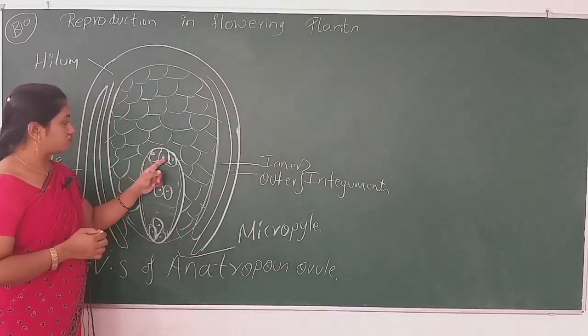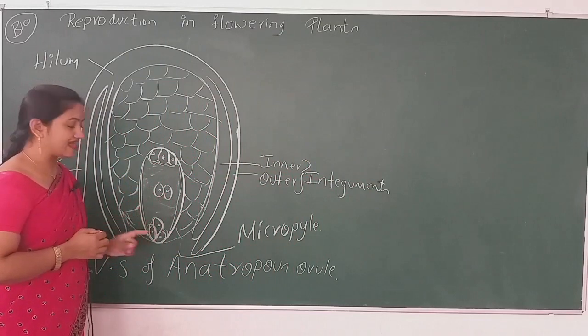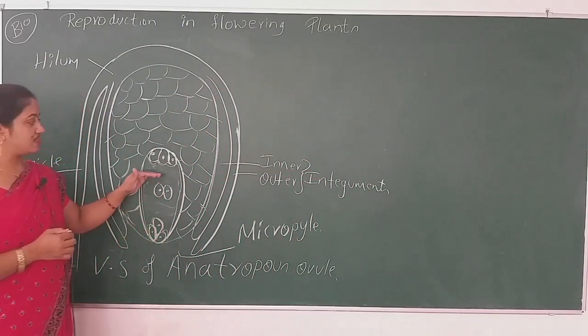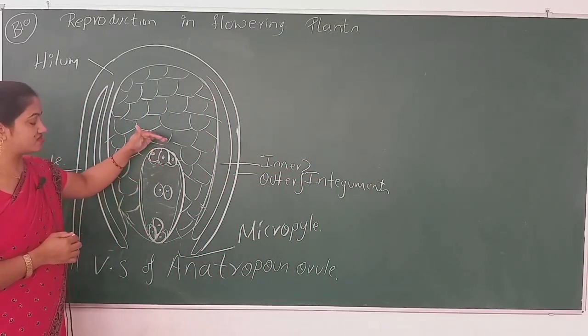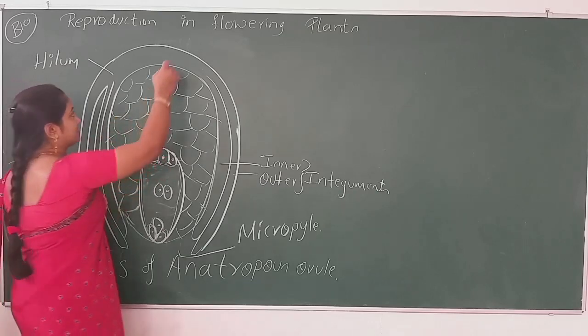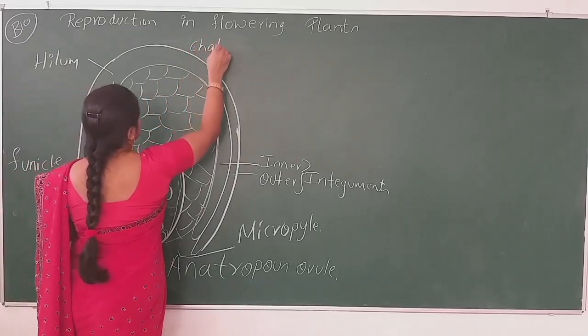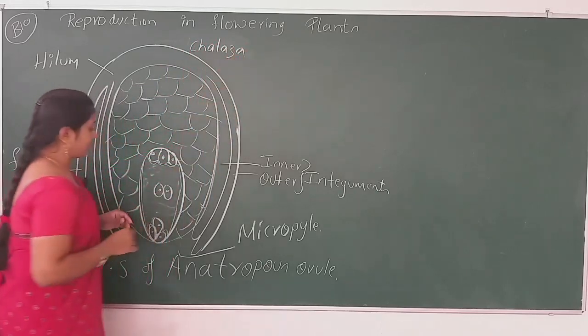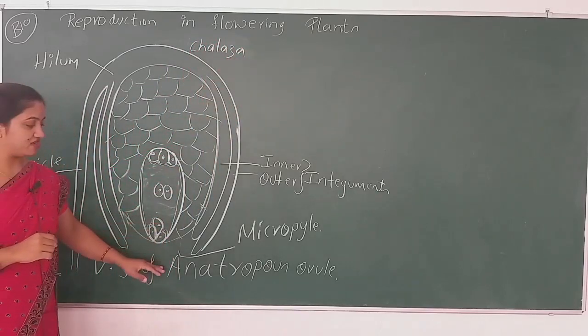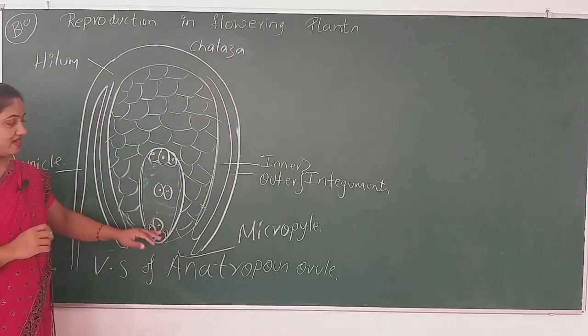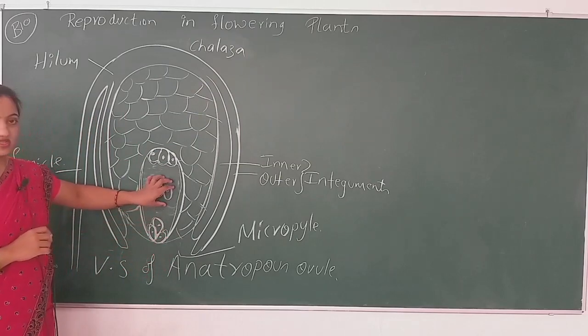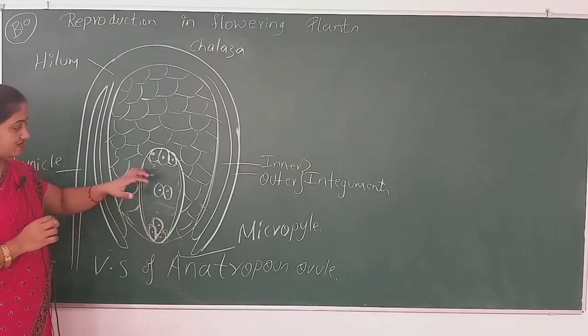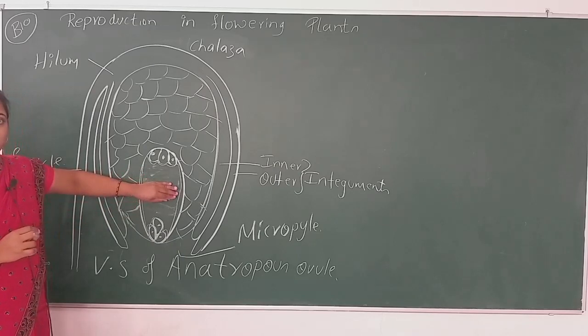So that is 1, 2, 3, 4, 5, 6, 7, 8 nuclei. 3 nuclei move to the chalazal end. So this is the chalaza, and 3 nuclei move towards the micropylar end, and 2 remain in the central position.